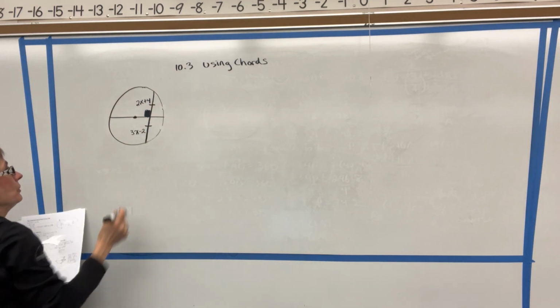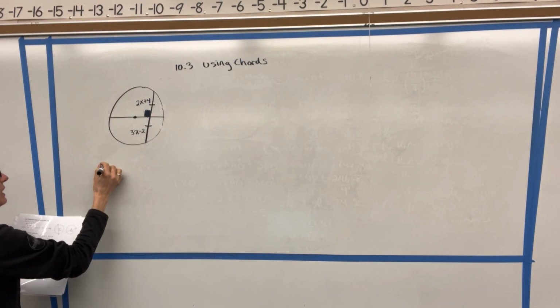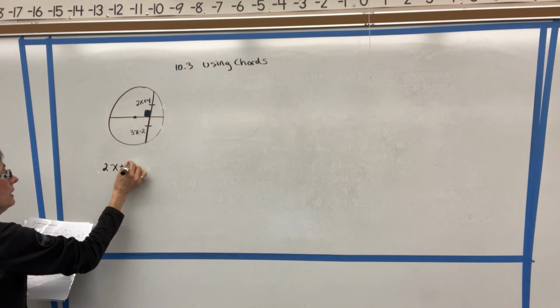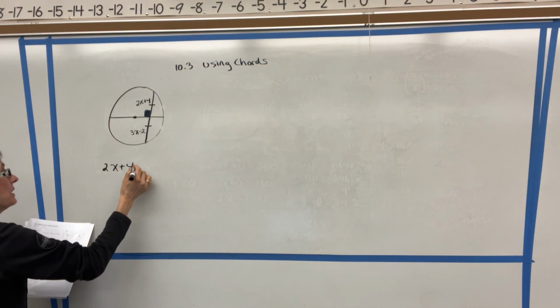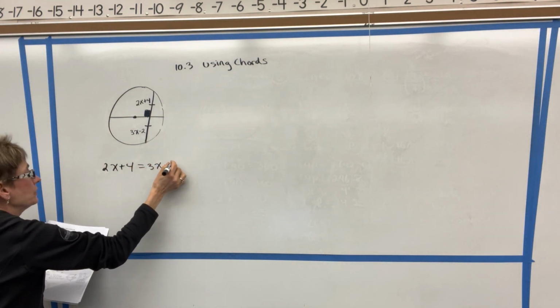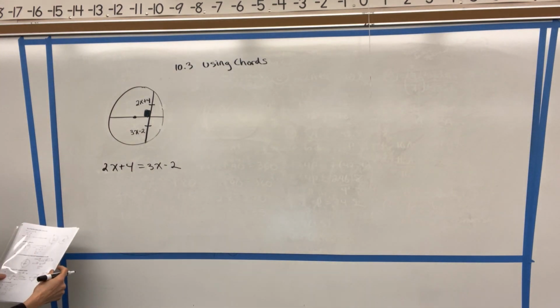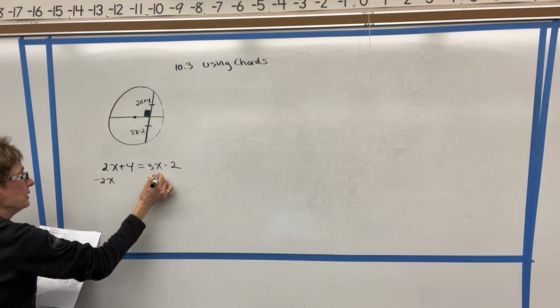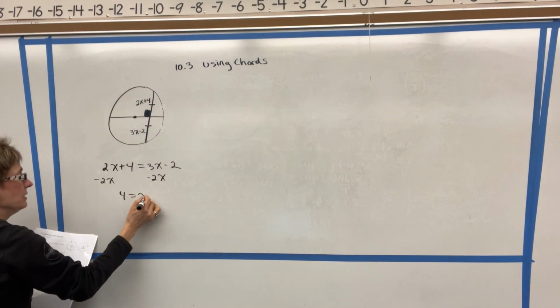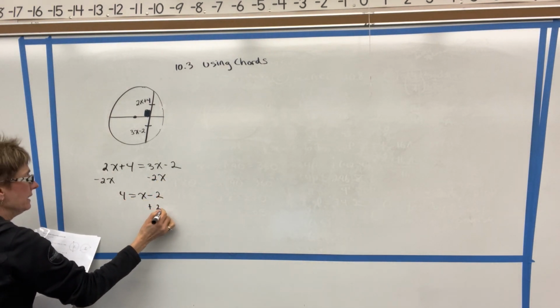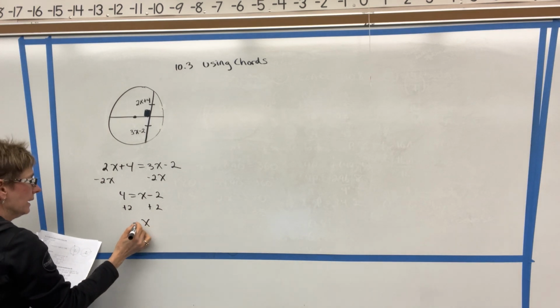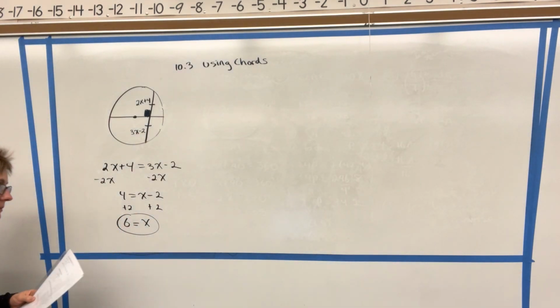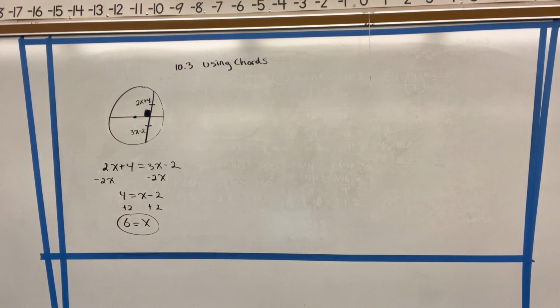And we do know that those two pieces are going to be congruent because the diameter is perpendicular to the chord. So I can set 2x plus 4 equal to 3x minus 2. Then I would do my opposite operations twice, and I would get that x is 6.